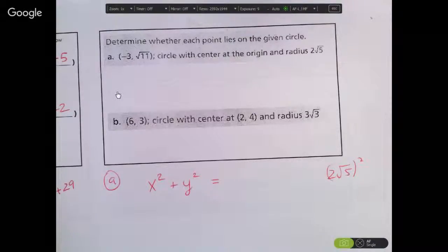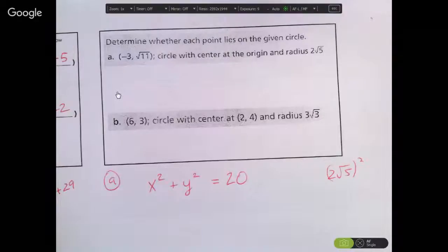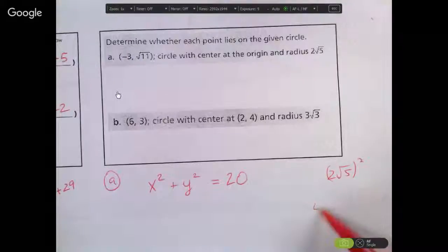It would be 10. Because you do 5 squared, which is 5, and you do 2 times 5. No, you would also square 2. Okay, there we go. 2 squared is 4.